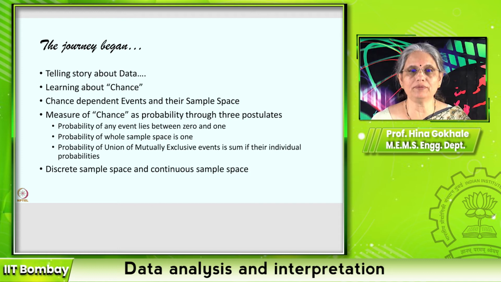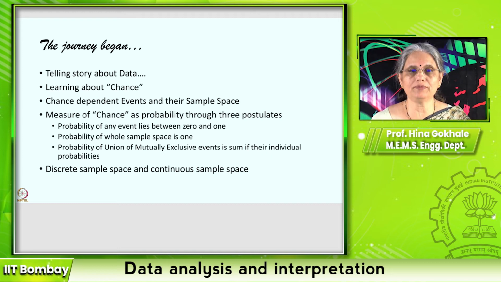The probability of the whole space is 1, and if you have mutually exclusive events, then the probability of the union of the events is the sum of the individual probabilities. And then we said that there are some sample spaces which are discrete, which tend to take discrete values, and some which are continuous because they tend to take continuous values.